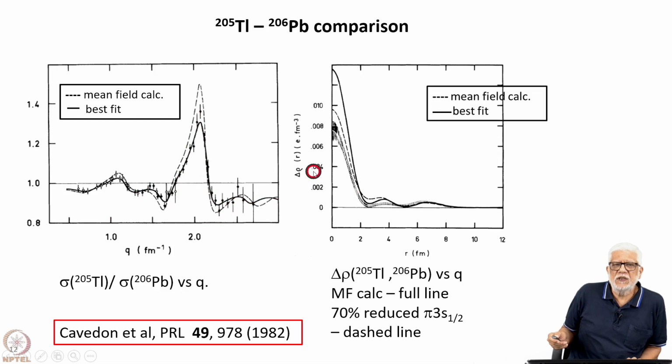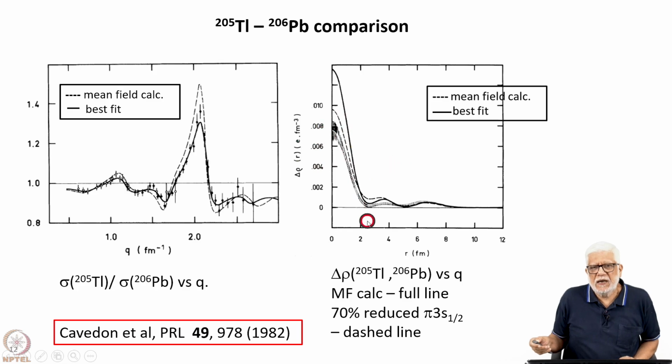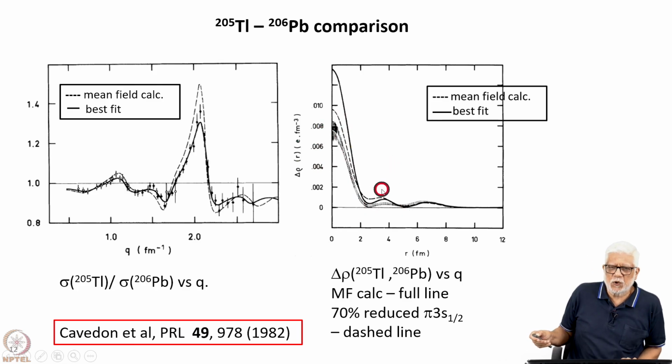The difference between the charge densities is what is plotted here, and this shows a peak at r equal to 0, which means that this is coming from an S state, and then it goes through a minimum and then through a much smaller maximum and so on.